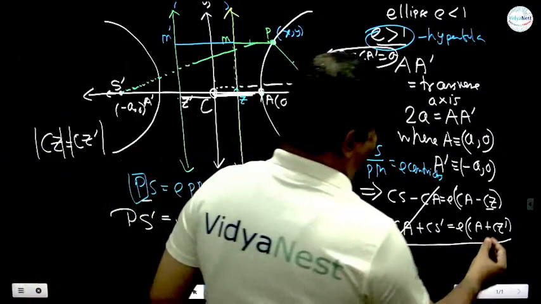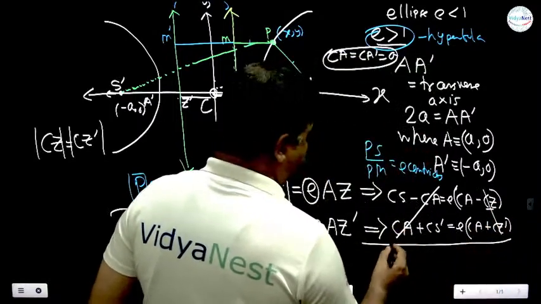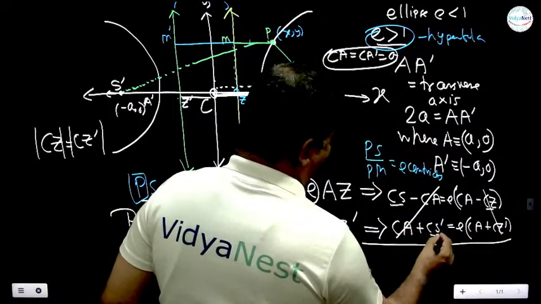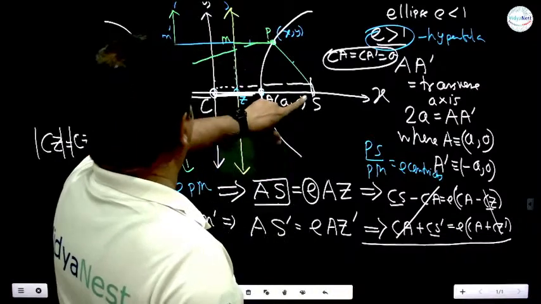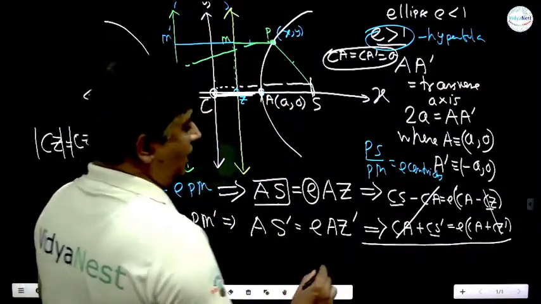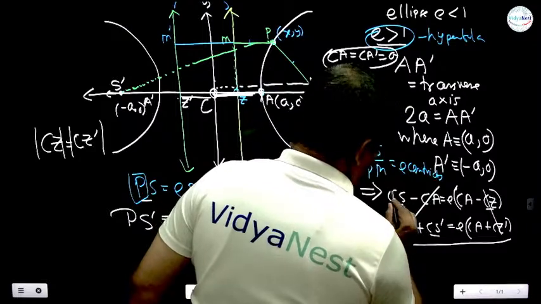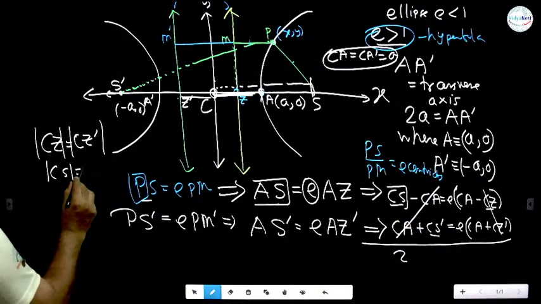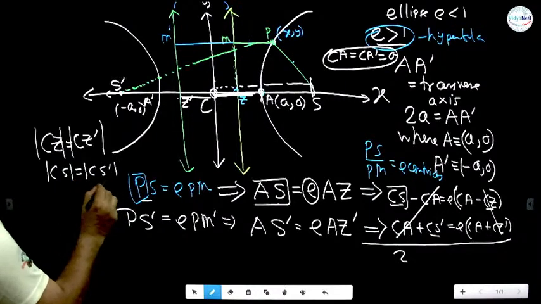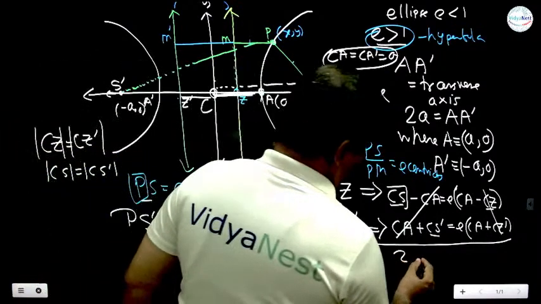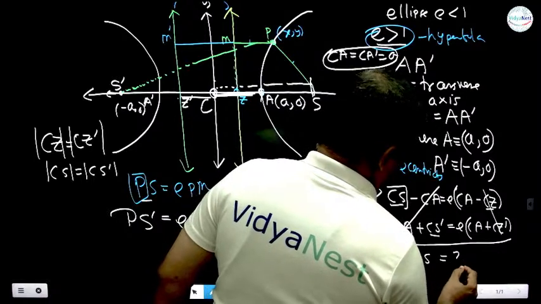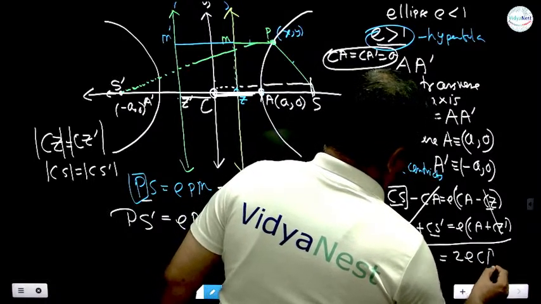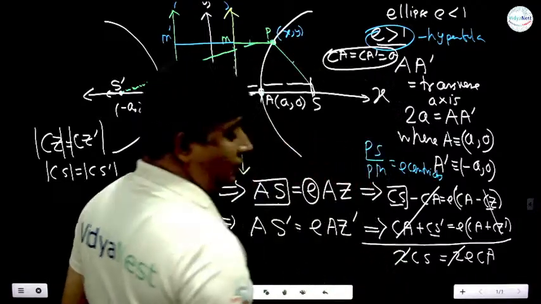CS and CS dash have the same magnitude. So twice CS equals twice E into CA, 2 cancels.